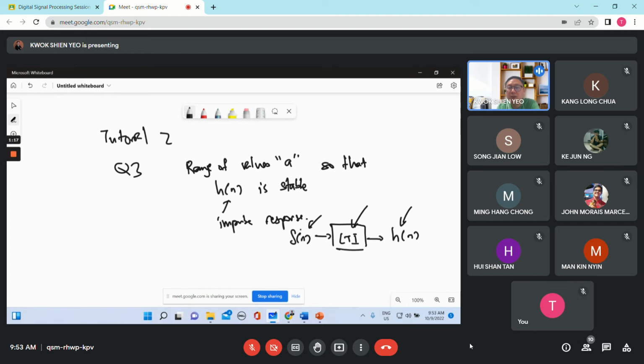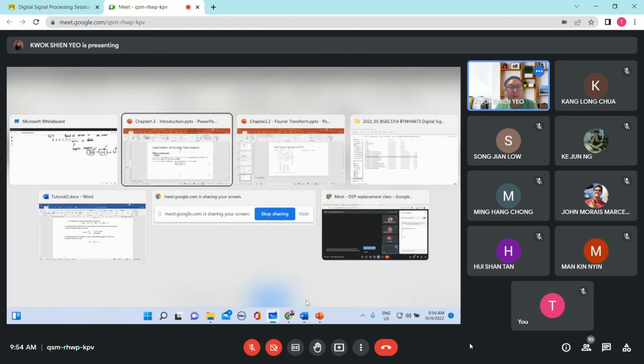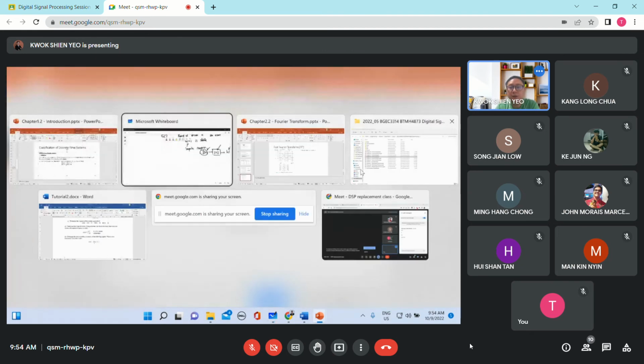Meaning that if we insert some values to it, whatever bounded input, this h[n] has to stay bounded, cannot grow to infinity. So let's look at the equations of h[n]. It is given to us.